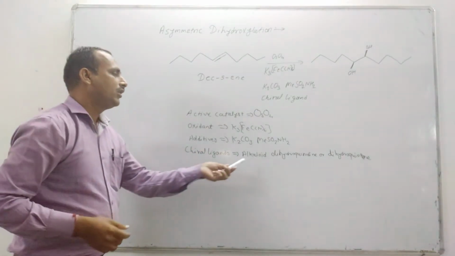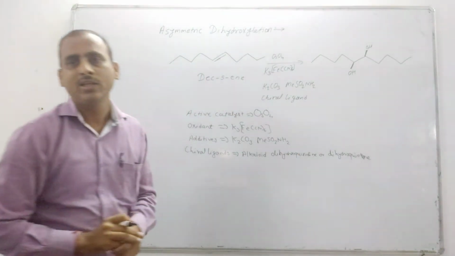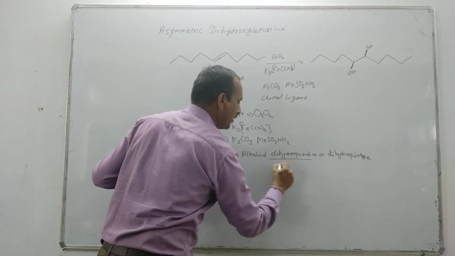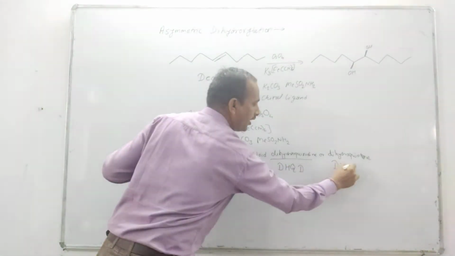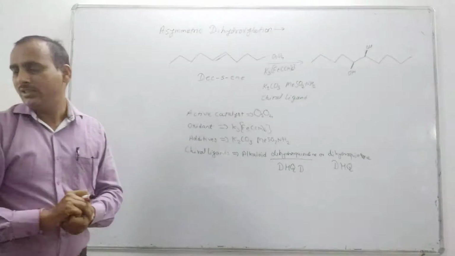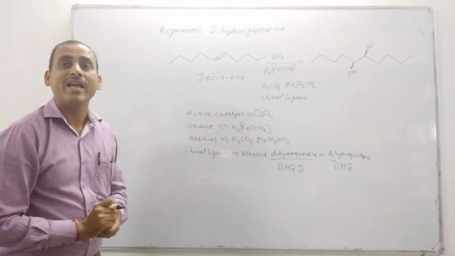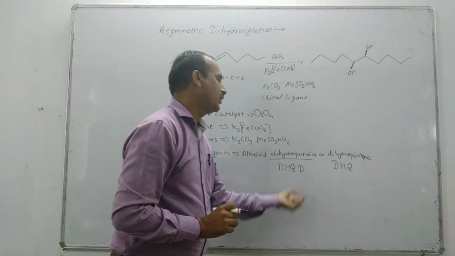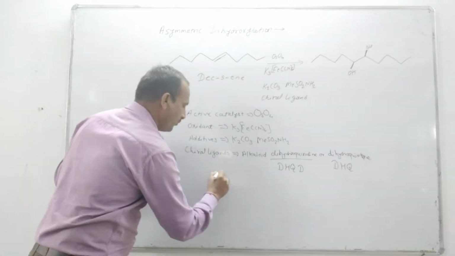So let's see the structures of this dihydroquinidine and dihydroquinine. So dihydroquinidine is denoted by DHQD and dihydroquinine is denoted by DHQ. These alkaloids dihydroquinidine and dihydroquinine are used as the ligands. So let's see the structures of DHQD.